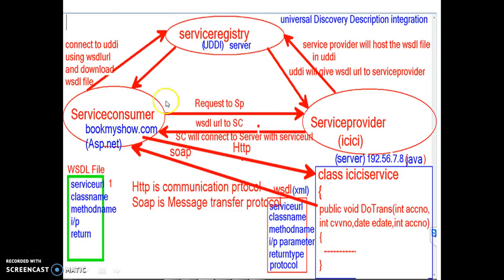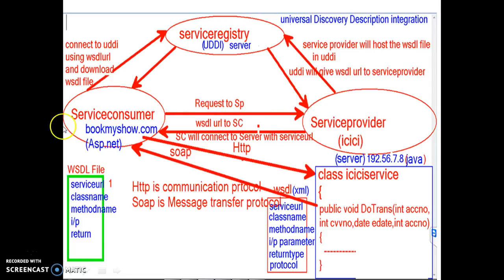Are you following? Now, what will the service consumer do? The service consumer will send the request to the service provider. Then, whenever the WSDL file is registered under the service registry, this UDDI will give the WSDL URL to the service provider.